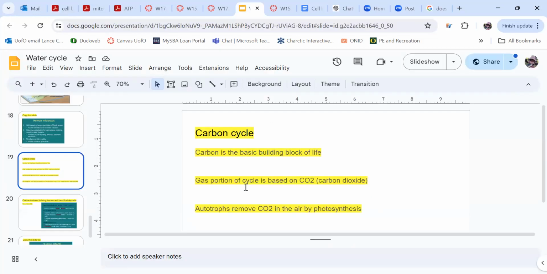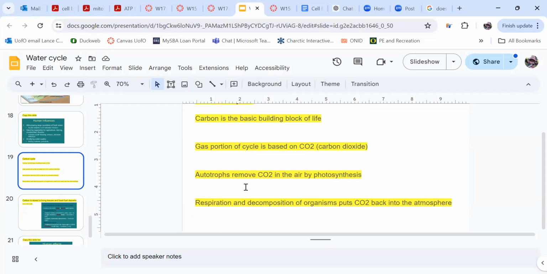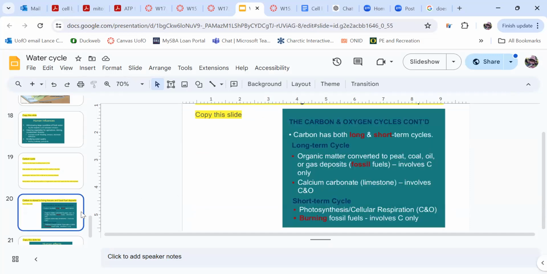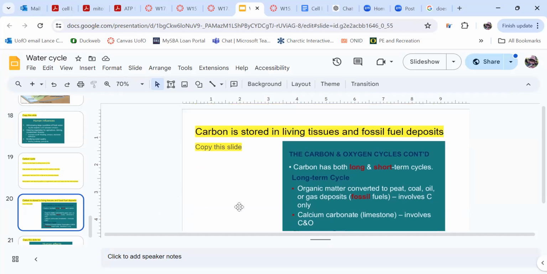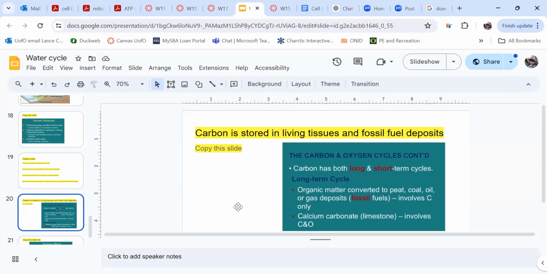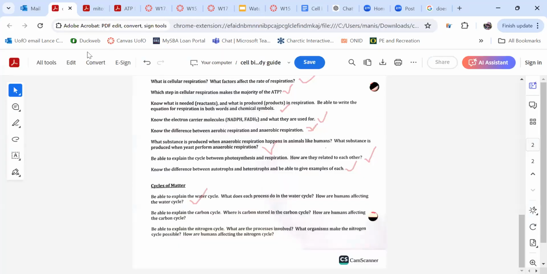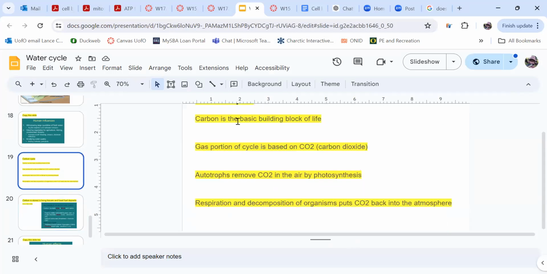Gas portion of cycle. Oh, that's really good right there. These yellow notes right here is probably good. Carbon is stored in living tissues and fossil fuel deposits. And this is saying, where is carbon stored in the carbon cycle? Oh, great. Okay. So I think we should copy these ones.